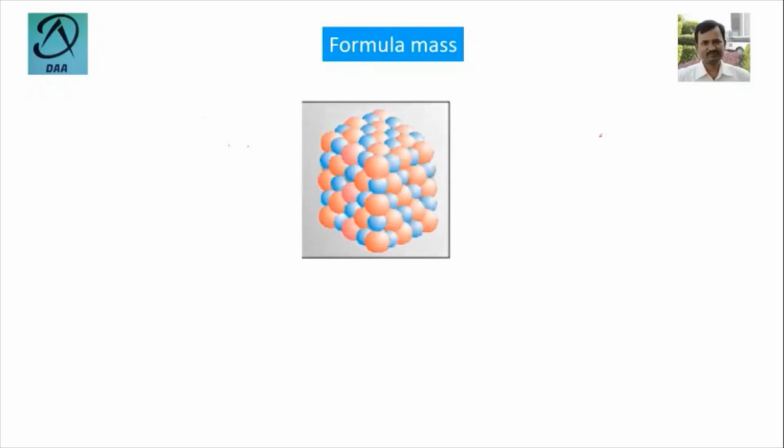Now, formula mass. Here you see a 3-dimensional structure. This is the packing of sodium ions and chloride ions in sodium chloride.